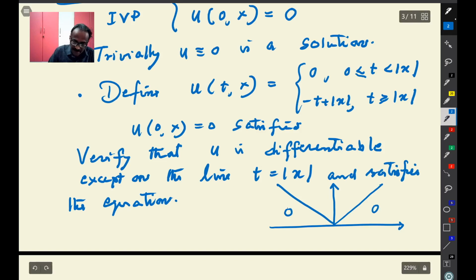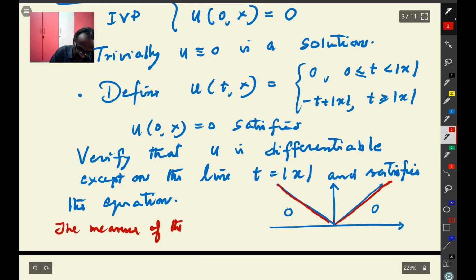And this line has measure 0. The measure of the line segments t equal to modulus x is 0.